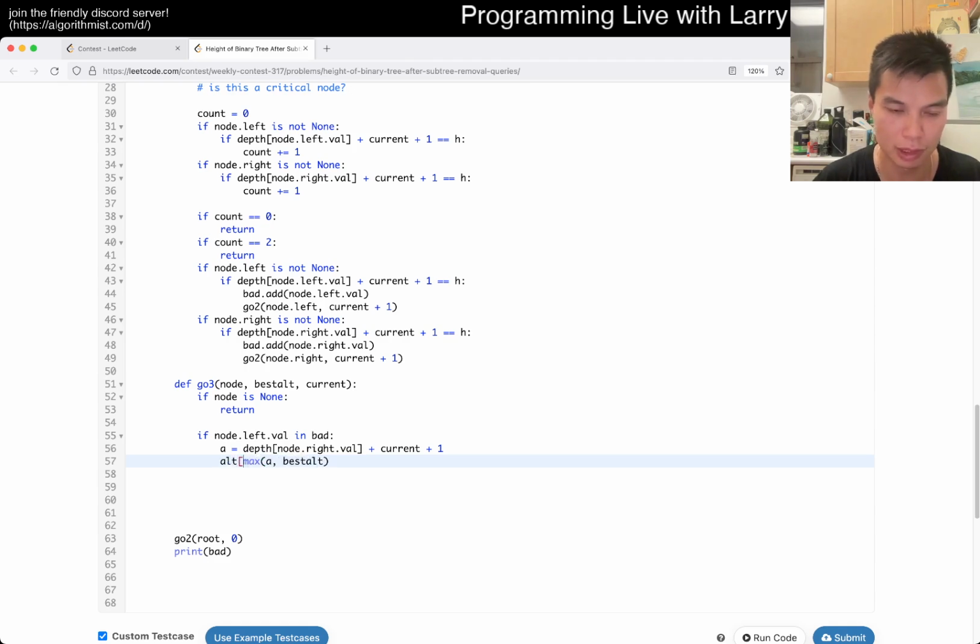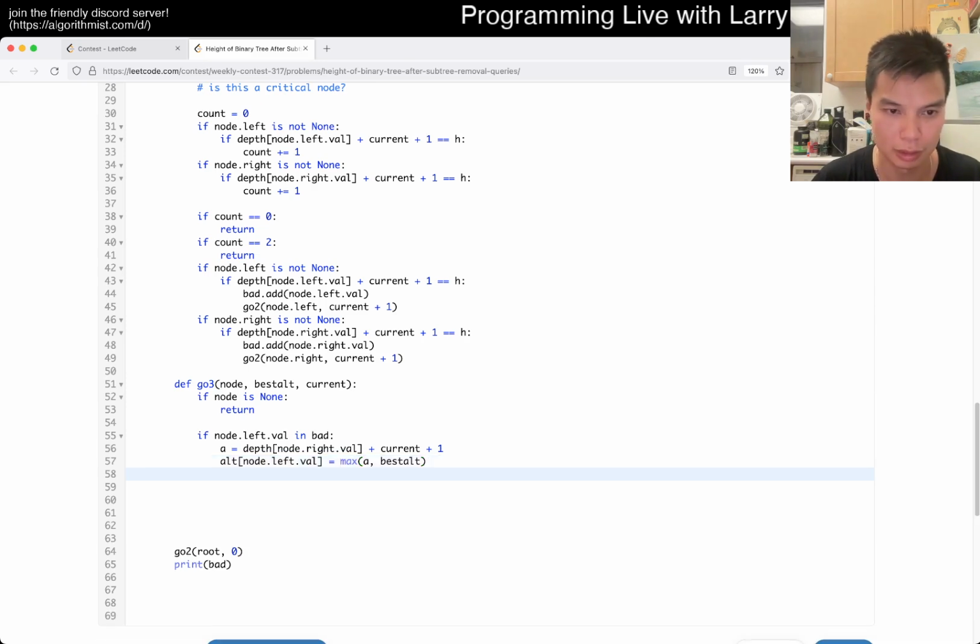So then alt dot node dot left dot value is equal to this, and then we recurse on the left with the, no, is it? Yeah, and then current plus 1.